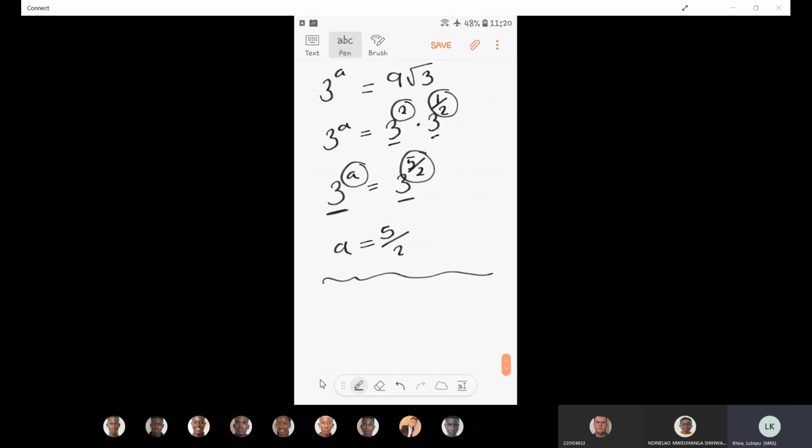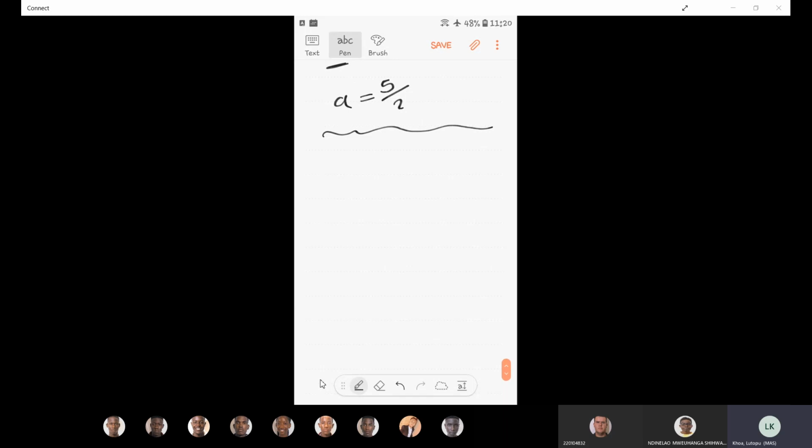Then number 9. We have 9 log x to the power of 3. This is equal to log base 3 of x. So again here we have logarithms that do not have the same base. So what we need to do is change the base of the logarithm.